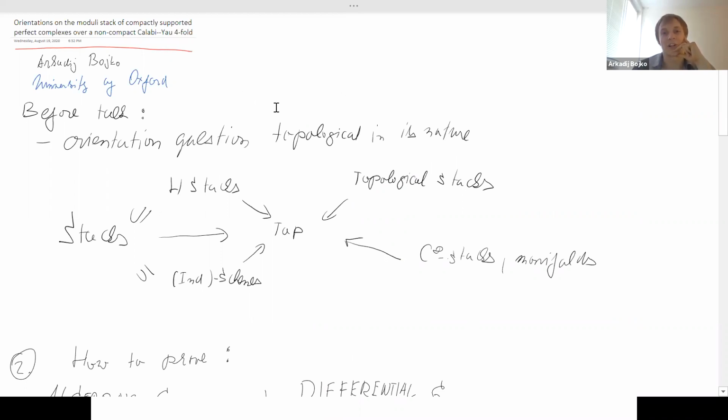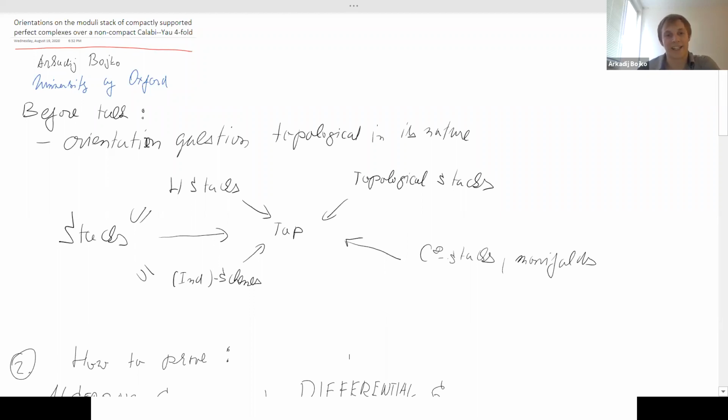The question of orientation is very topological, and even if one works over higher stacks or stacks and schemes which sit in each other, one also has to use the notion of topological stacks or even C-infinity stacks and manifolds. All of this boils down to their topological information because one has functors from all of these categories into the category of topological spaces.